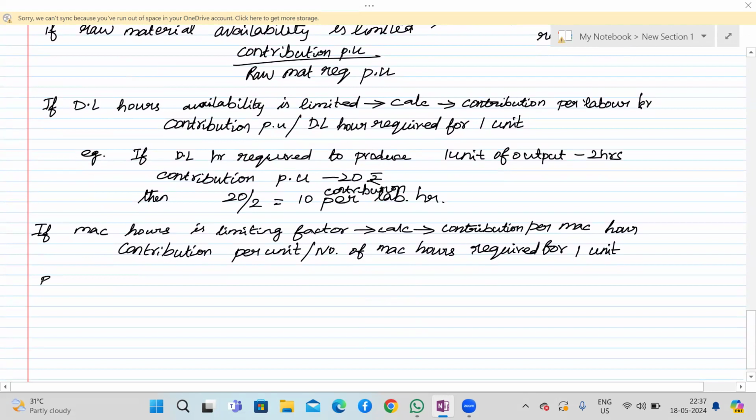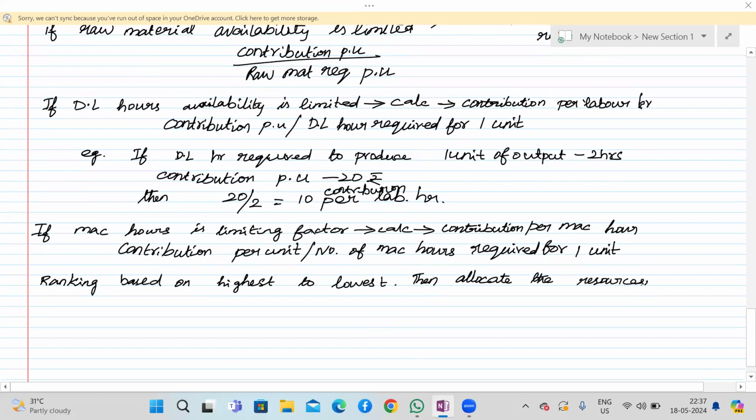So for all these cases, ranking should be based on highest to lowest. Then I can allocate the resources.